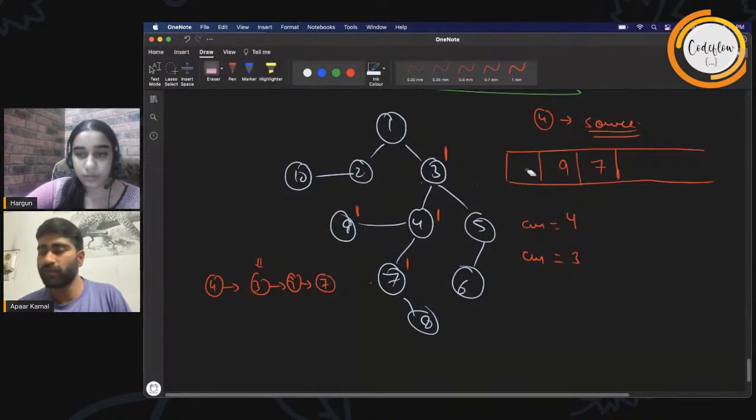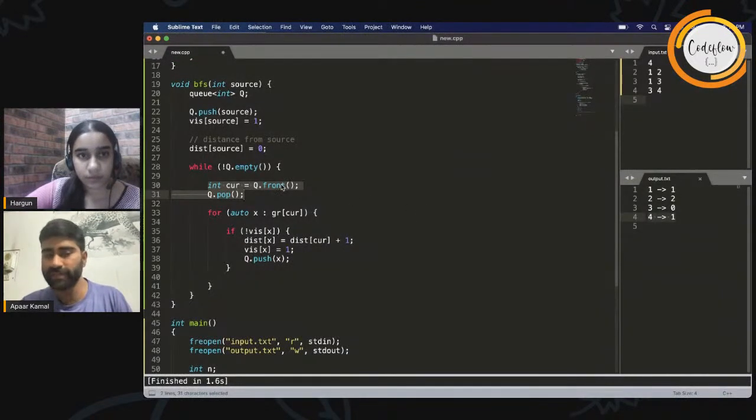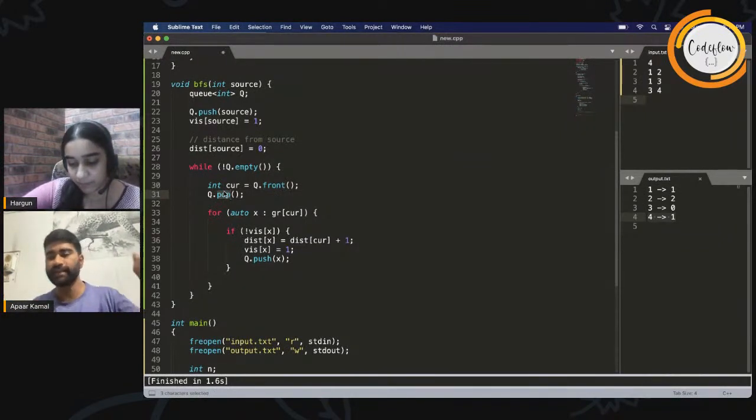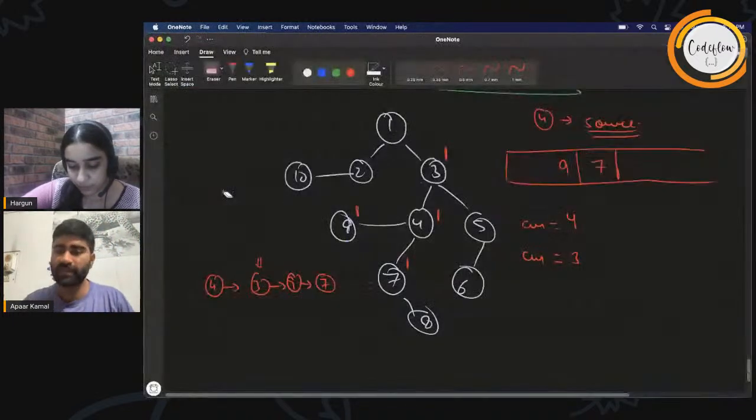Let's remove 3 from the queue. So always remember the front means which is in the front of the queue, and pop will always remove from the front, not from the back. It's a queue, it is first in first out. So 3 came inside the queue first, so 3 will go outside from the queue first.